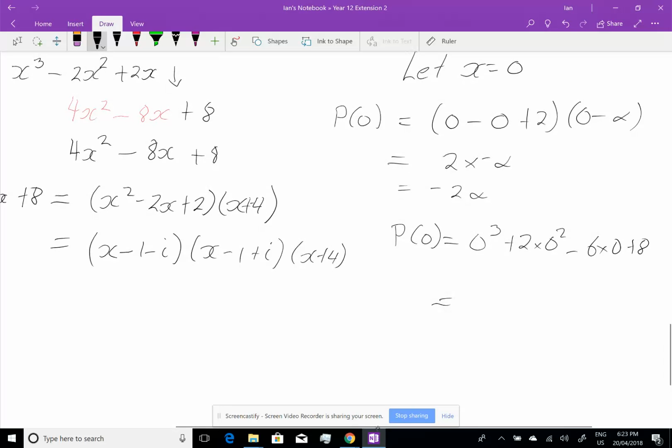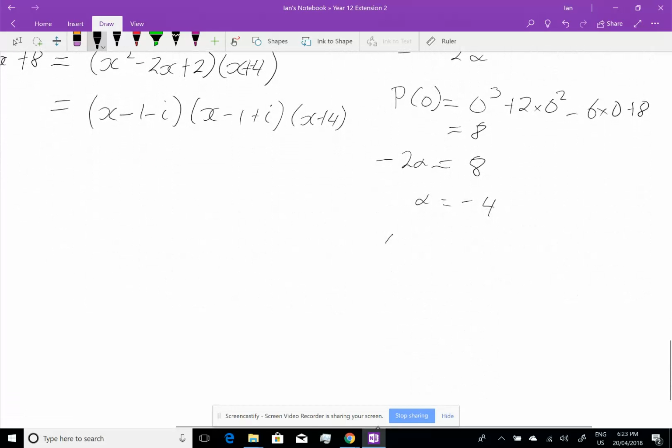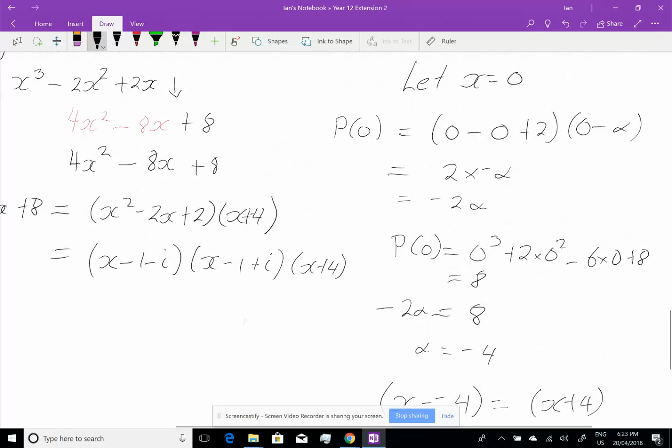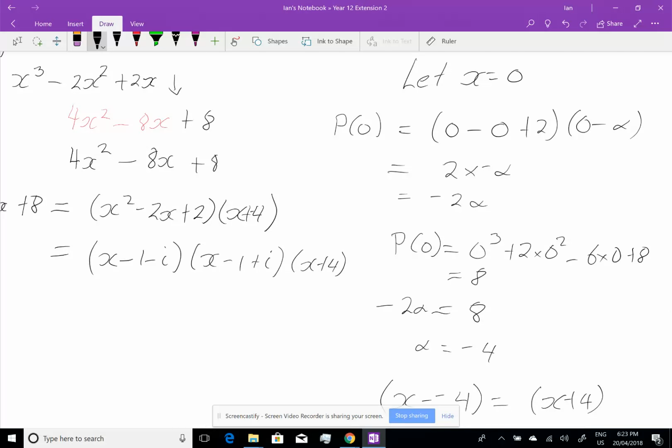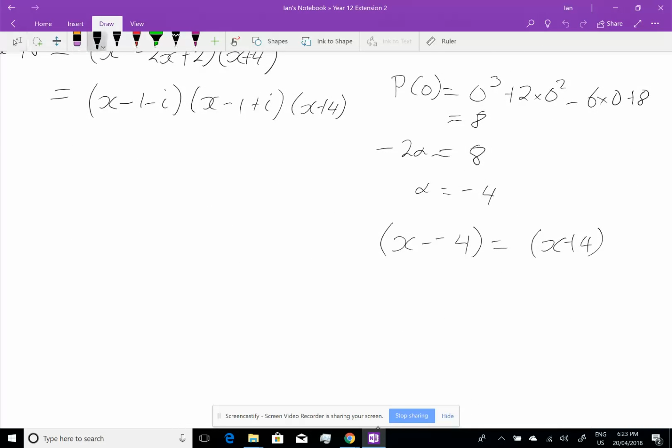So minus 2 alpha equals 8. So alpha equals minus 4. And then x minus minus 4 equals x plus 4, which we got up there, which is a lot easier than doing some long division. And then eventually we can say, therefore, p of x equals x minus 1 minus i, x minus 1 plus i, and x plus 4.